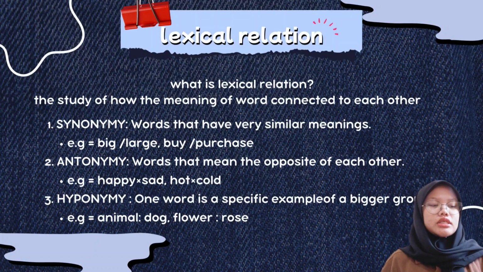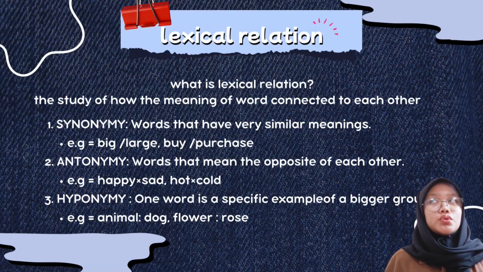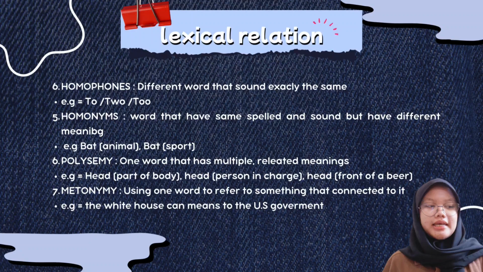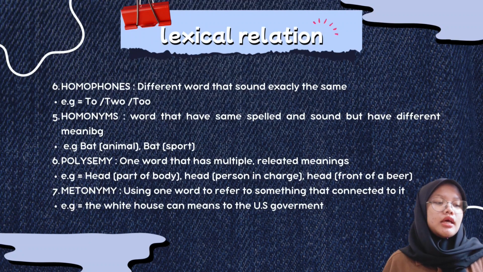Next is homophones. Homophones are different words that sound exactly the same. Example, to, two, and too. Homonyms, words that have the same spelling and sound but have different meanings. Example is bat as animal and bat as sport.